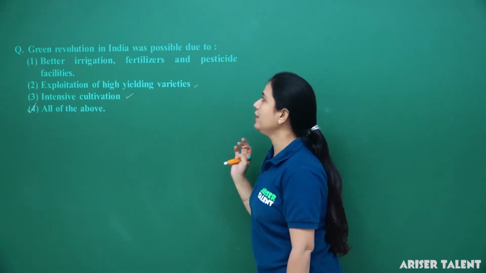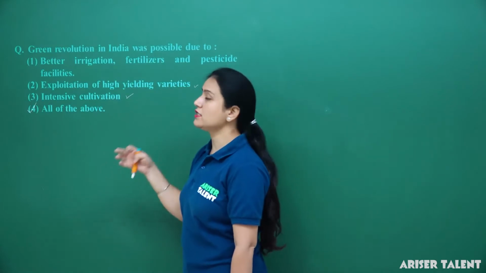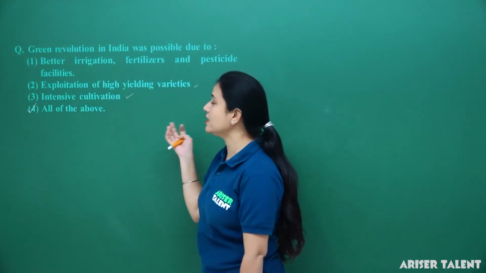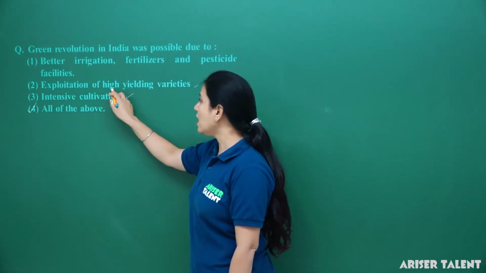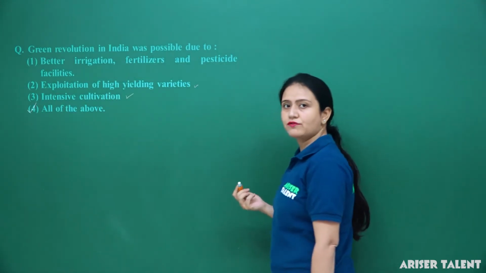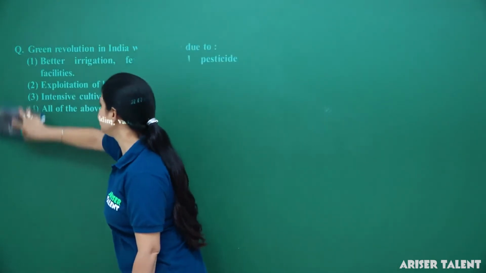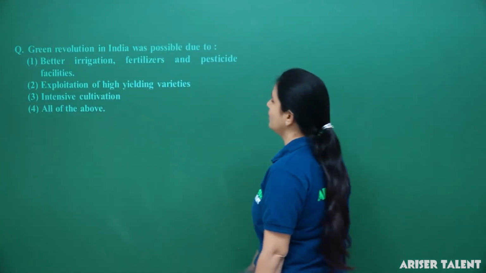It means the green revolution in India was possible because we had better irrigation facilities, fertilizers and pesticide facilities, high yielding variety exploitation, and intensive cultivation. So option 4 is the correct answer.